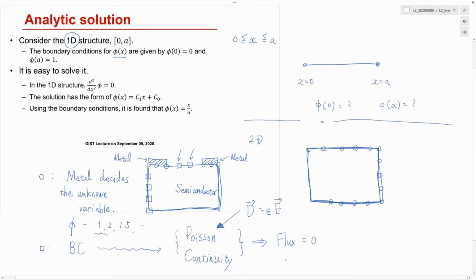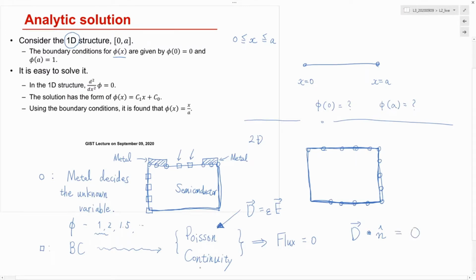In this case, we will say for the Poisson equation, displacement vector D dot n, the displacement vector in the direction of the outward normal, becomes zero.